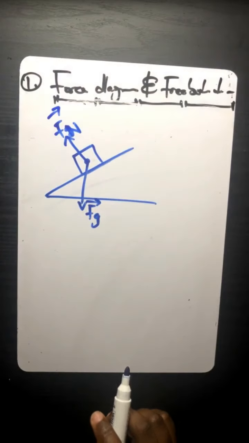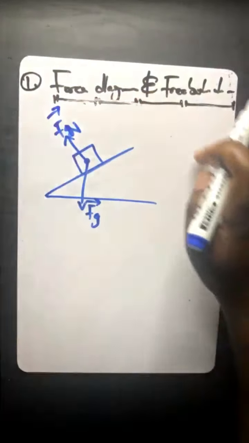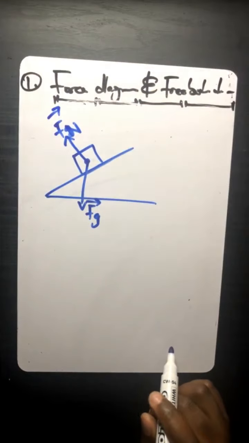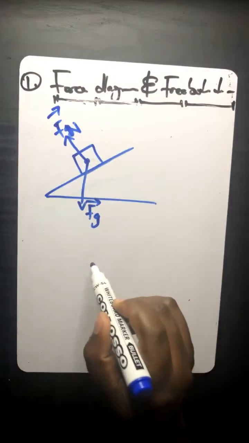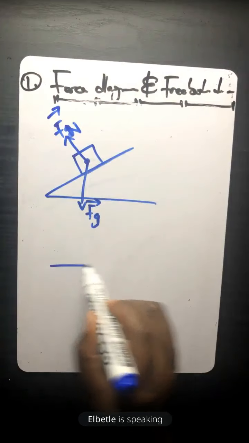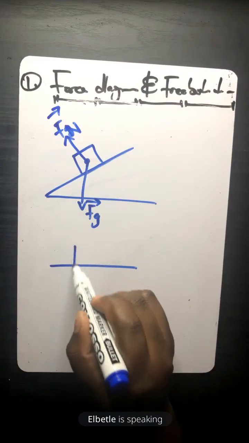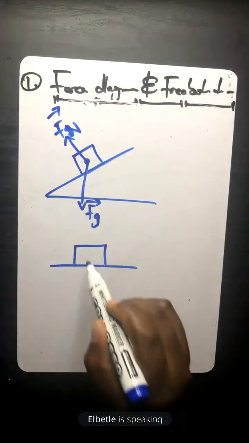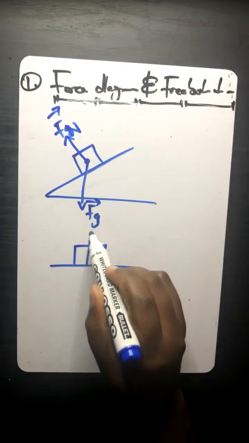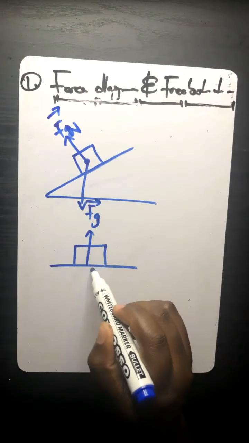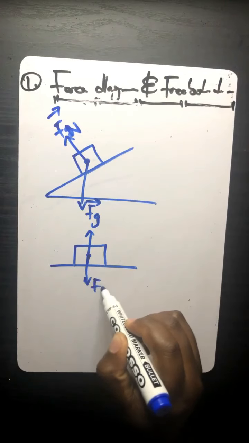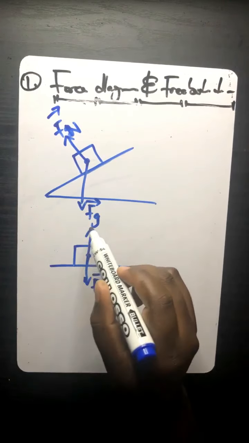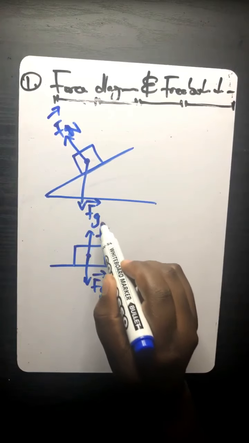So is this a free body diagram or a force diagram, and why? Force diagram, because it is indicated by a block. It's a free body diagram because it's represented by dots.